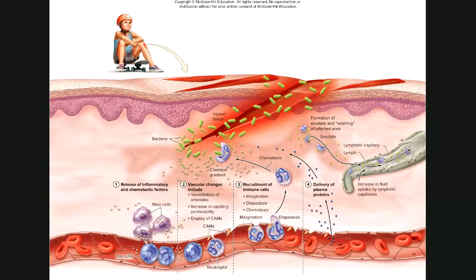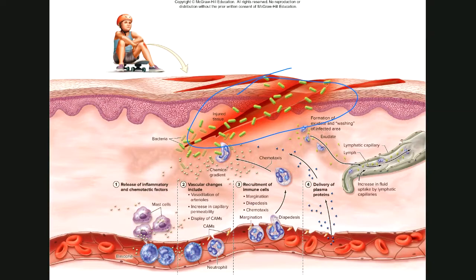So we have a picture here of a kid that fell off a skateboard and scraped their knee or their skin. Now your first line of defense has been compromised. Your skin is broken. And this allows bacteria to enter, right? So the bacteria is entering into our tissue, and they are looking forward to start infecting you, right?